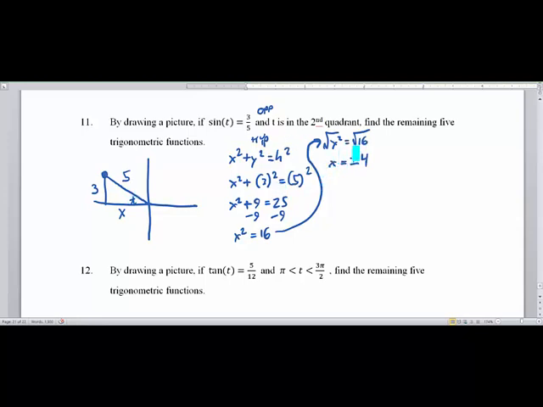Now here, I get to choose plus or minus. Since my x value is in the second quadrant, I'm going to have to choose the minus. So this is going to be a negative 4, which is crazy important as we do the remaining 5 trigonometric functions. So let's start off with cosine of our theta.